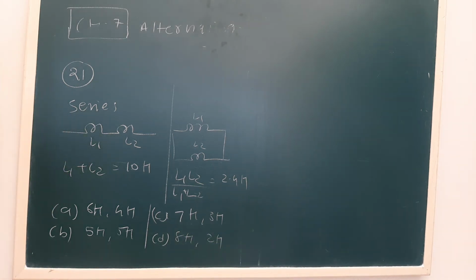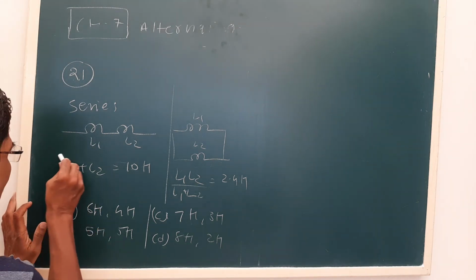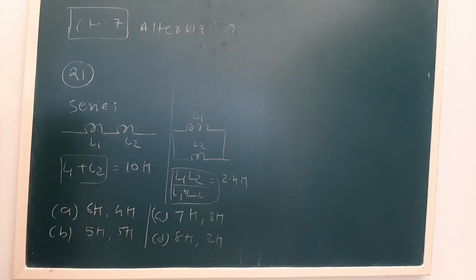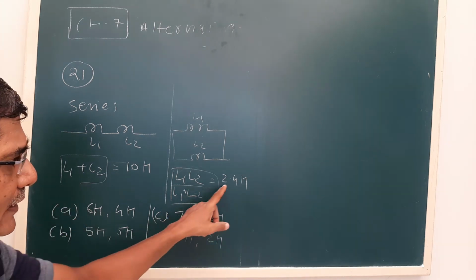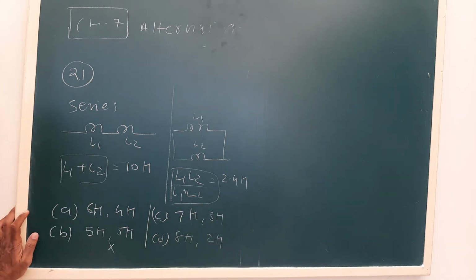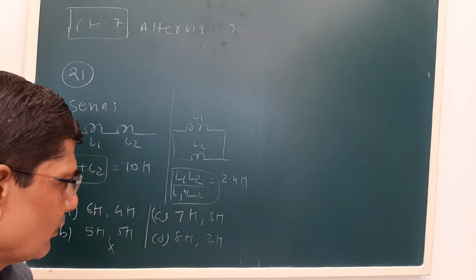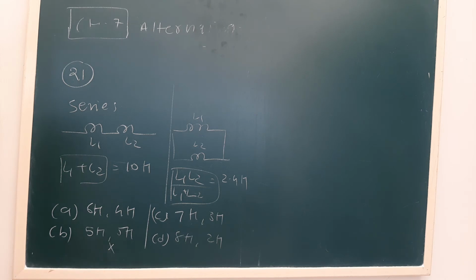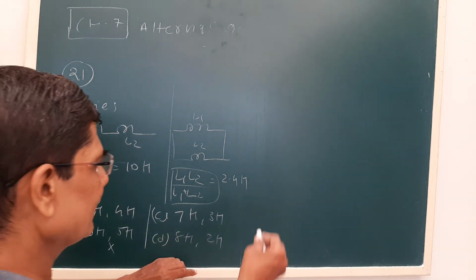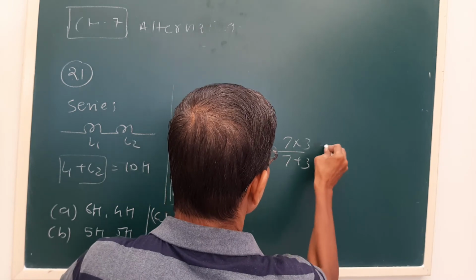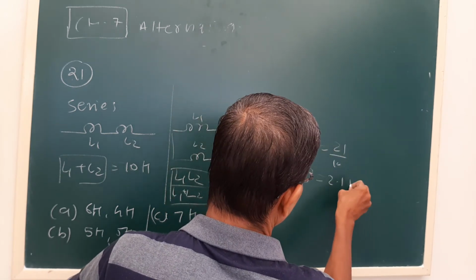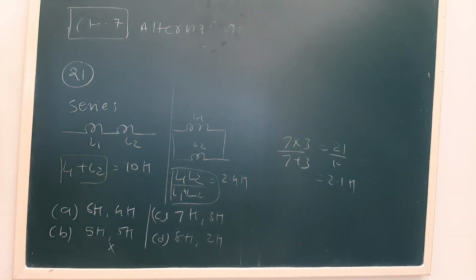Now see, if I substitute the values given in the options, they should satisfy both conditions. Suppose 5 plus 5 makes 10, but 5 into 5 upon 10 is 2.5, so this will not be the answer. Same way here also, 8 plus 2 will make 10, but 8 into 2 upon 10 is 1.6, that will not be possible. 7 and 3 also, 7 plus 3 is 10, possible, but 7 into 3 upon 10 is also not the given answer.